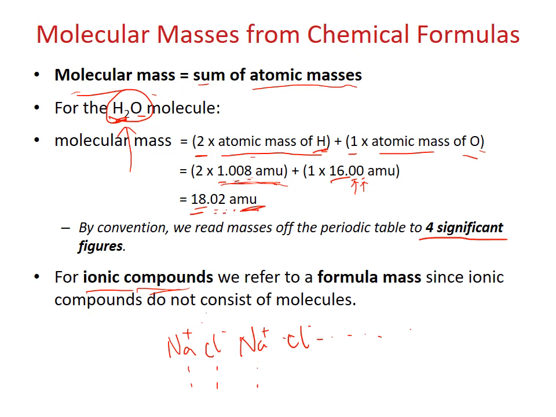But the smallest ratio is called the formula unit. For sodium chloride, the ratio is 1:1, and that's why we can write NaCl, and that's the formula mass. So for an ionic compound, we calculate the formula mass.